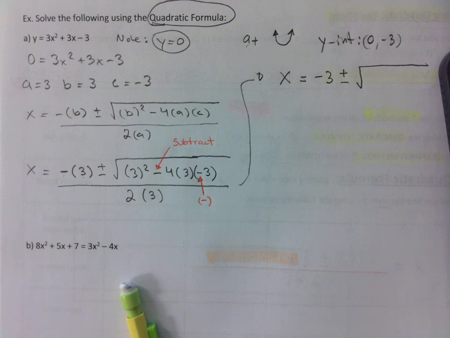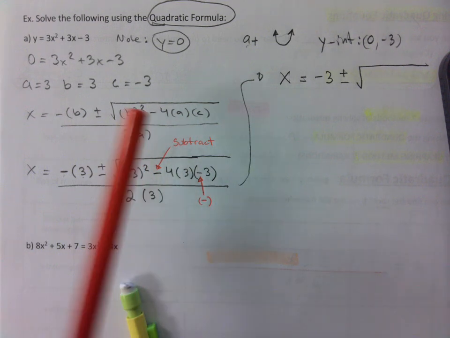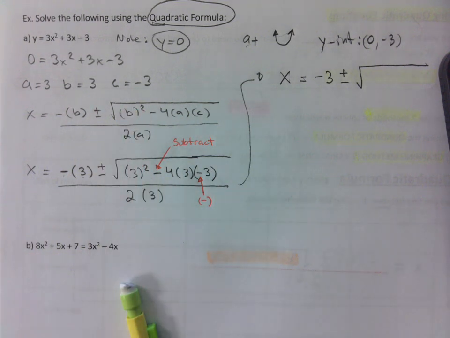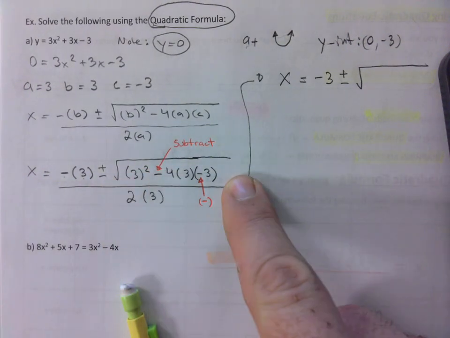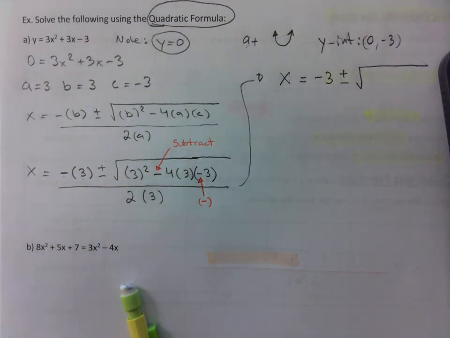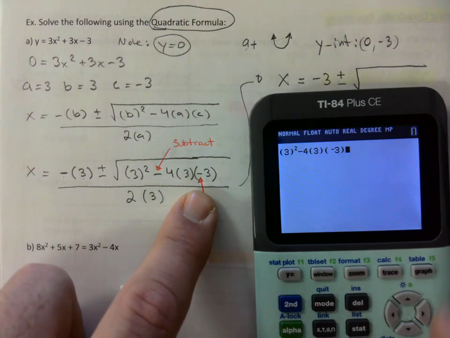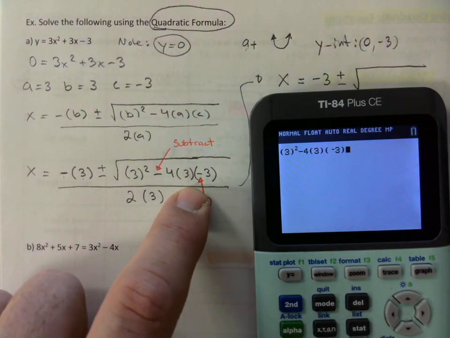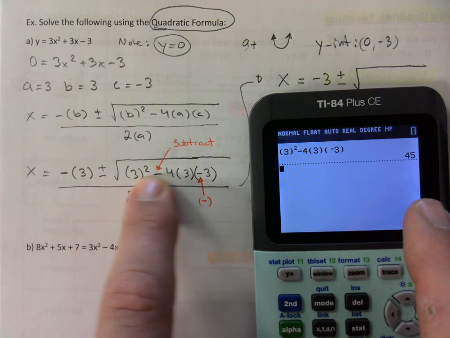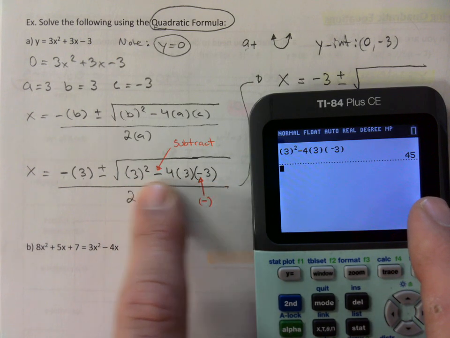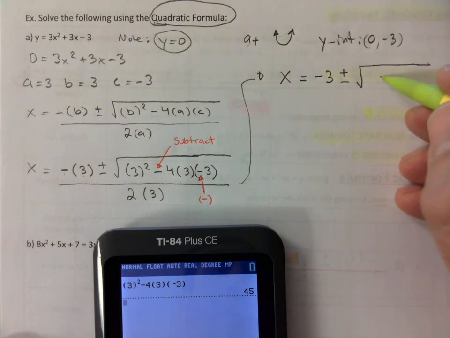It's very important. That minus that you have in your original formula is subtract, it's not negative. If you put in a negative here, everything here is multiplying, everything. So then you're going to get the wrong answer. So I hit enter there, and I get 45. And I don't know if you recall, this is called the discriminant, right? So you get 45 here.